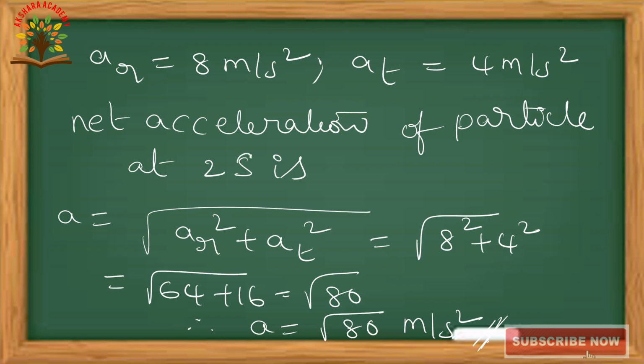A is equal to square root of AR square plus AT square, that is square root of 8 square plus 4 square. 8 square is 64, 4 square is 16, root 80. So the net acceleration A is equal to root 80 meters per second square.